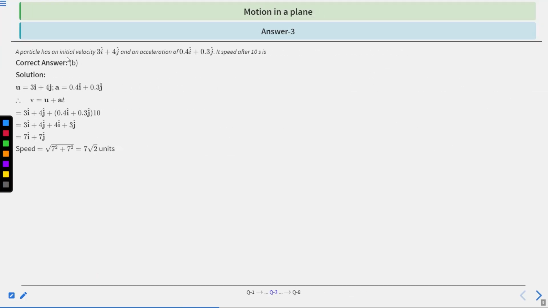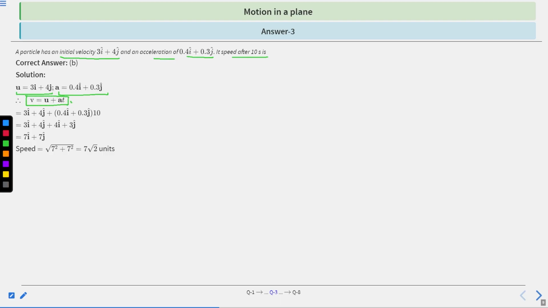According to the question, the initial velocity is 3i plus 4j and the acceleration is 0.4i plus 0.3j. This is the given quantity, and the question asked about the speed after 10 seconds. So we know the formula of equation of motion, v equal to u plus at.